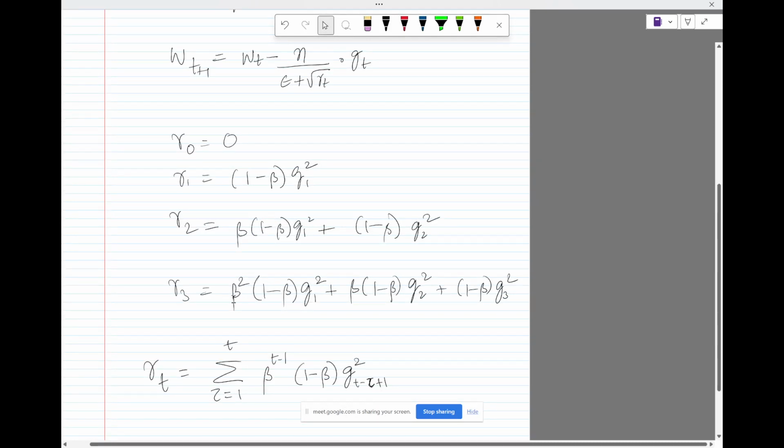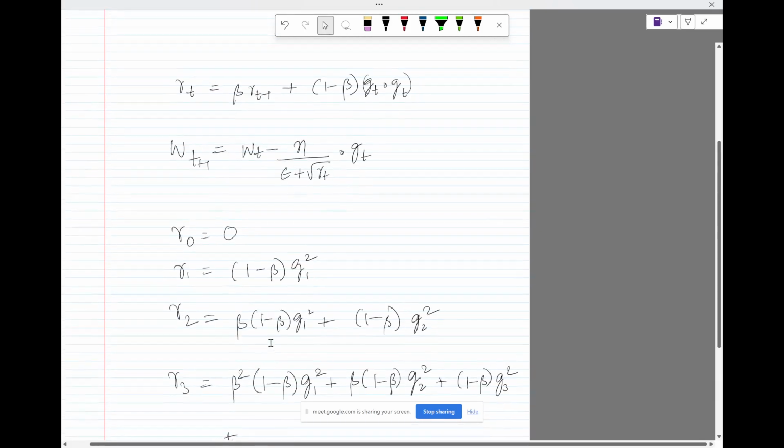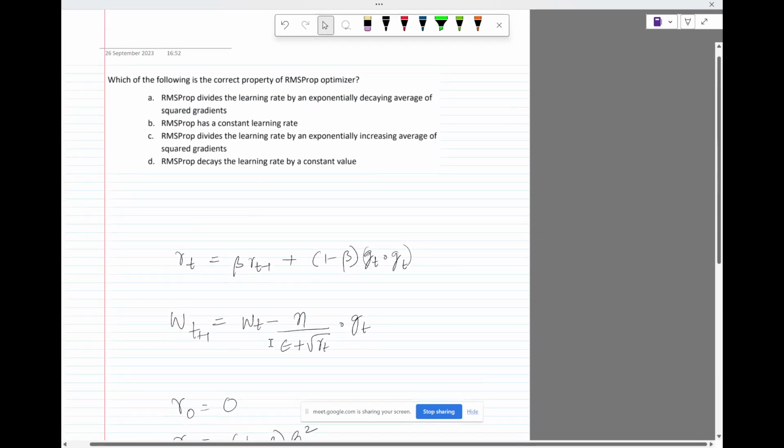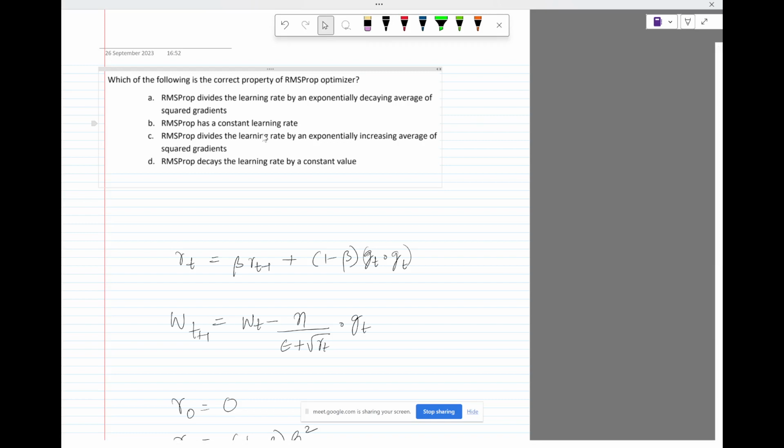Because beta square, as you move back in time, beta power t will be a very small value. So I guess it is dividing the learning rate by an exponentially decaying average of squared gradients.